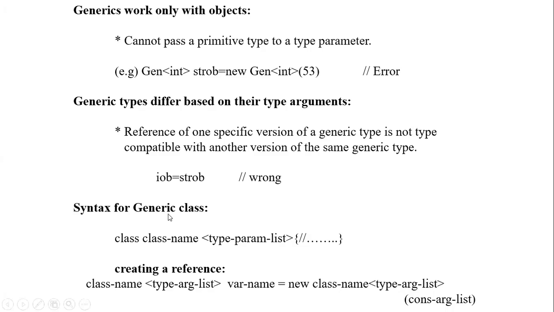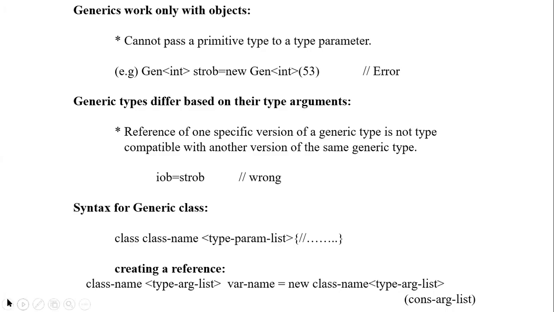Okay, so the syntax of a generic class we have seen. If you are creating one, it will be class followed by class name, type parameter list. That means what type of parameters it can accept, followed by the class body. For creating a reference, we have created something like ArrayList list is equal to new ArrayList.